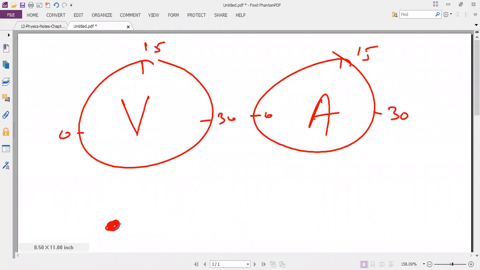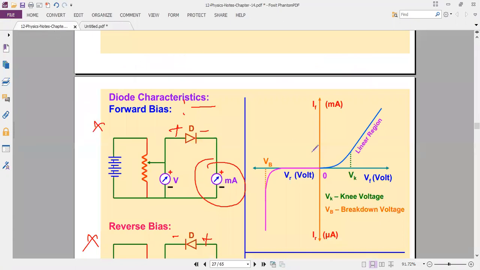Now in this regulator, I'm just increasing the voltage slowly: 0.1, 0.2, 0.3, like that. Then I'm observing what happens in the ammeter. The ammeter value, see here, is 0.